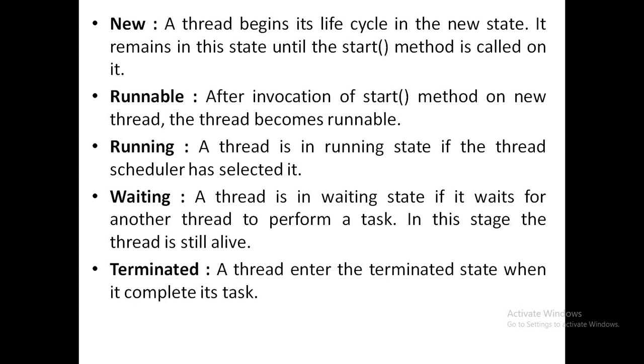During the running process, the thread can also remain in the waiting state if it waits for another thread to perform a task. In this stage, the thread is still alive. Terminated state. A thread enters the terminated state once its task is completed.